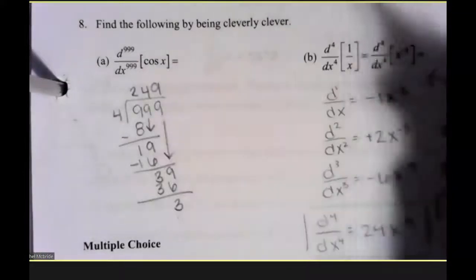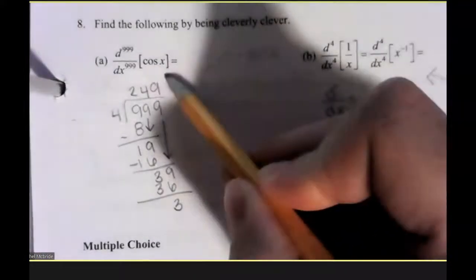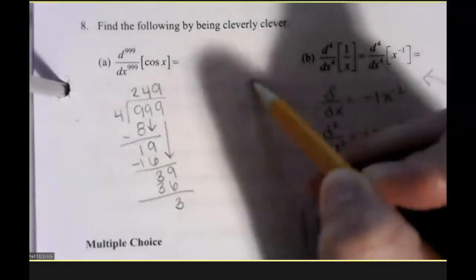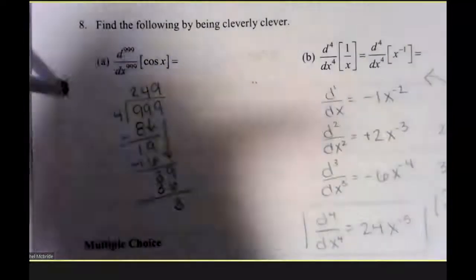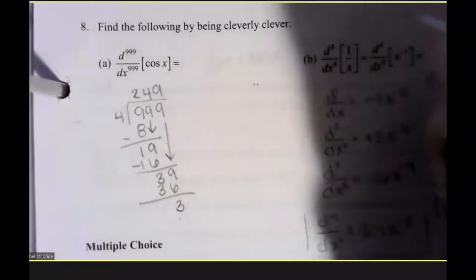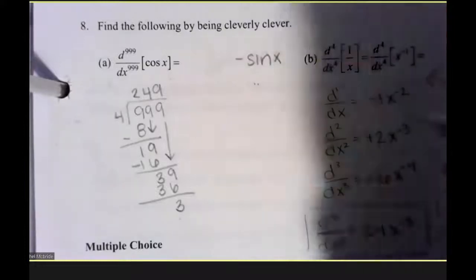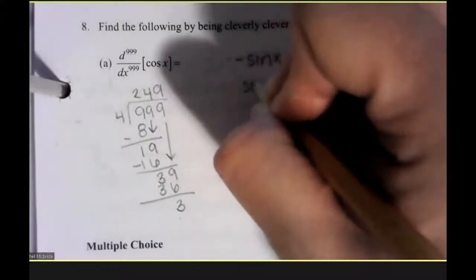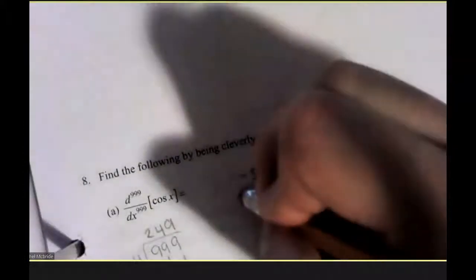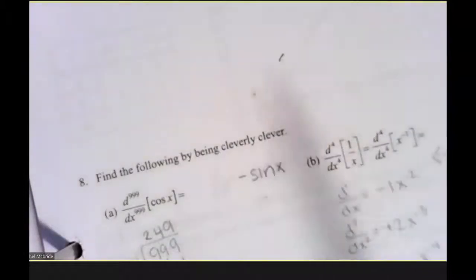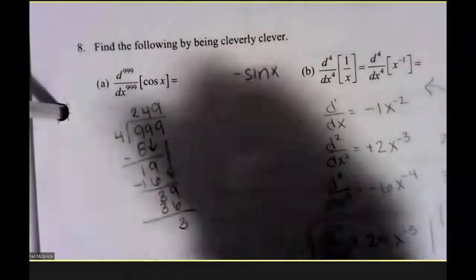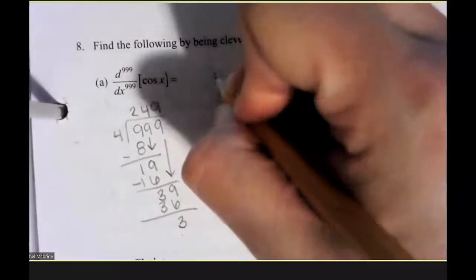So what that means is that the derivative of cosine is the third cycle of our derivatives from the original. So cycle 1 is negative sine x. Cycle 2 is the derivative of negative sine x, which is negative cosine x.